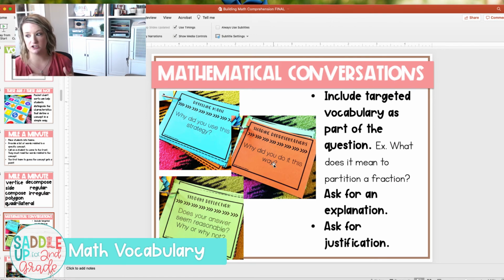Why did you partition the square that way? And then ask them to explain their answer and also justify their answer. Make sure you are having those mathematical conversations to see if they fully understand what these words mean, or if they are just guessing on a piece of paper and you have no idea if they really know or not.